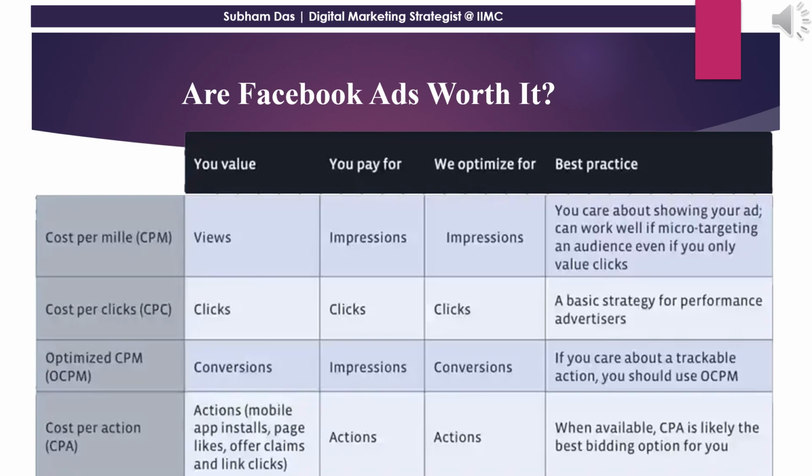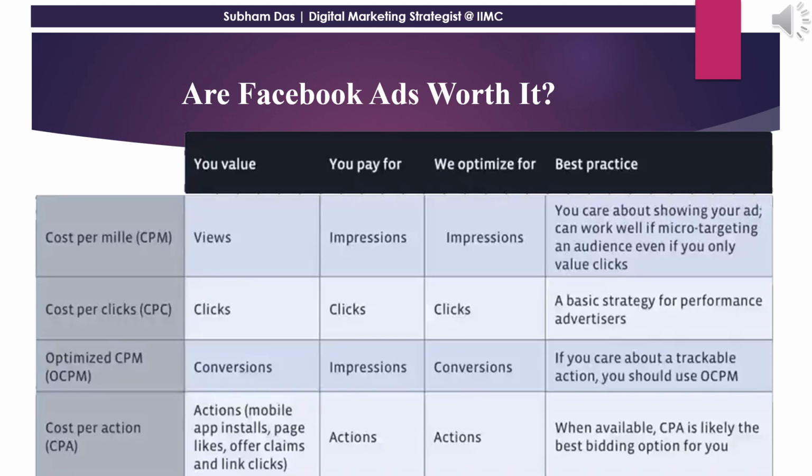Now there is something like cost per click, CPC, that is you want clicks on your website or on your ad. Facebook will optimize your ad so that you get the maximum possible clicks. The basic strategy of performance advertising is the best practice, and Facebook will charge you per click.